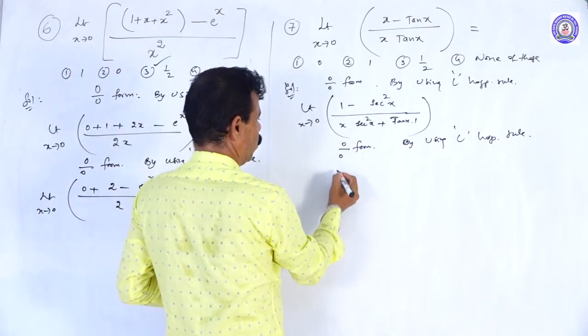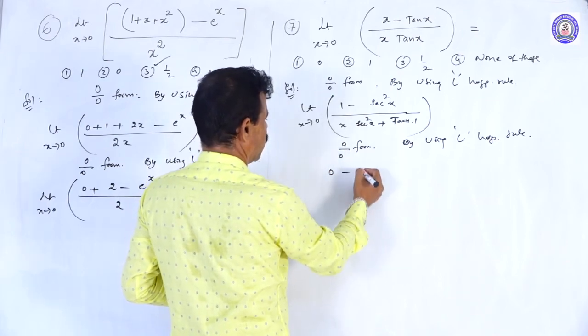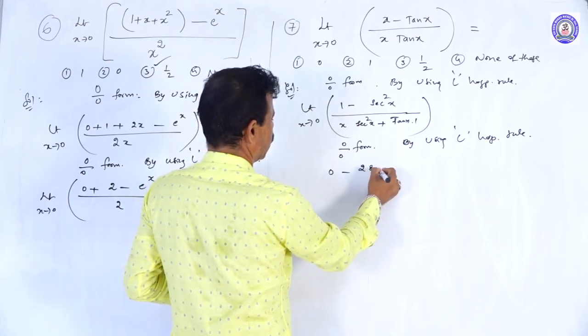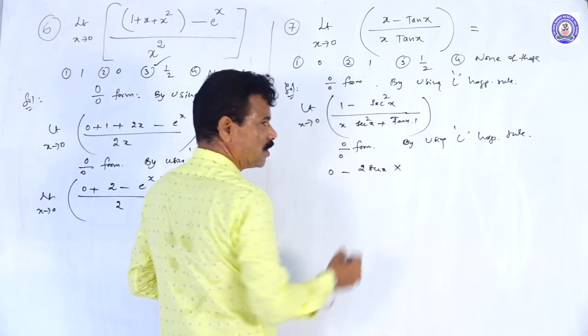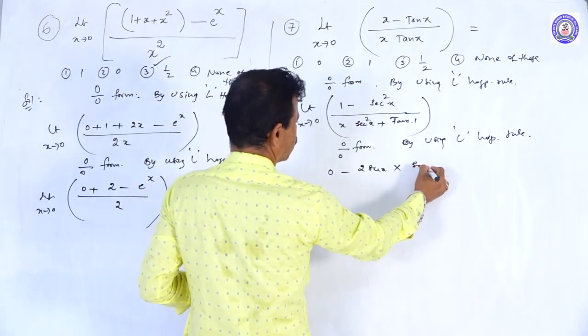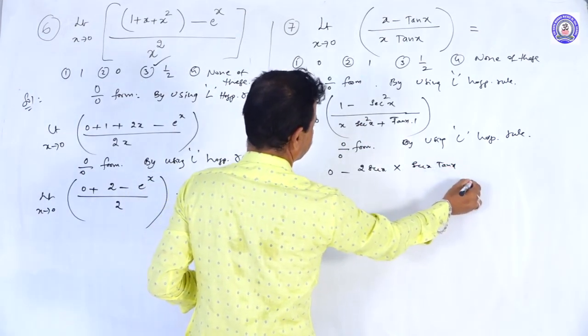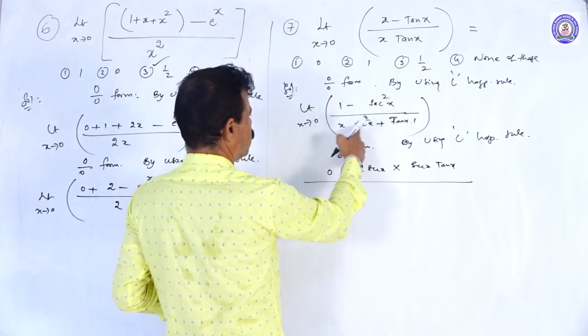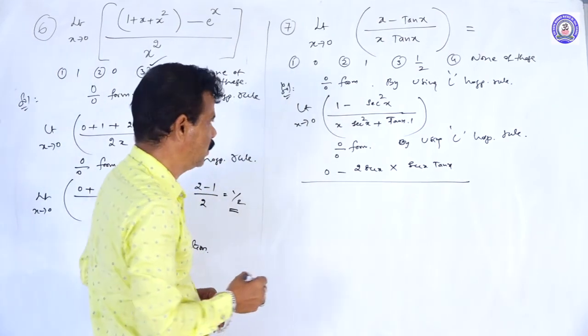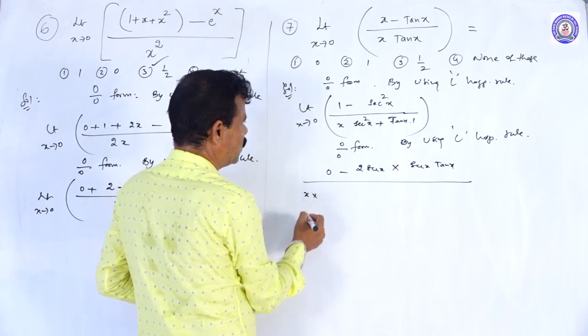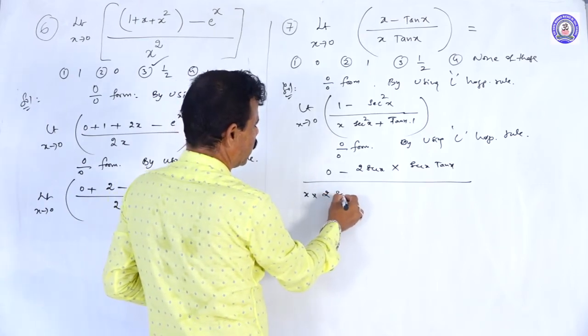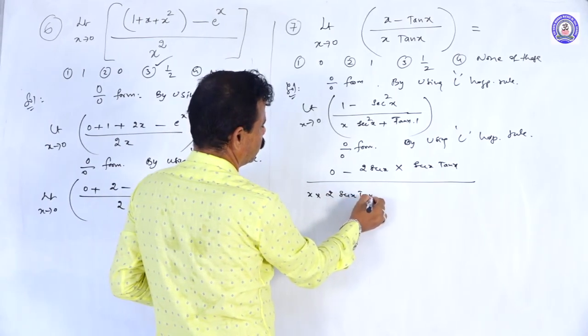Derivative of 1 is 0, minus derivative of secant square, which is 2 sec x multiplied by derivative of sec x, sec x tan x. Division. Here x sec square x, UV method. x multiplied by secant square is 2 sec x tan x.